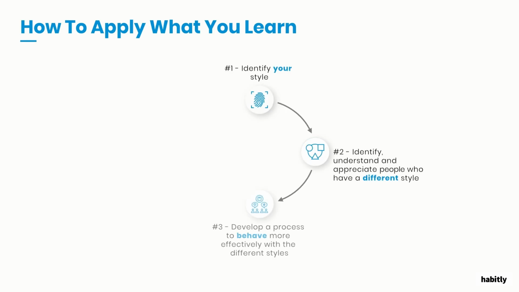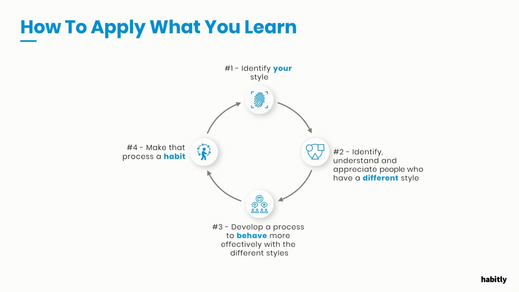So how to apply what you learn? First of all, you need to understand yourself. This is the only person you have the potential to be 100% in control of. Secondly, as I just mentioned, we're going to identify and try to understand and appreciate people who have a different style than us. And by the way, it might be an irritating different style.